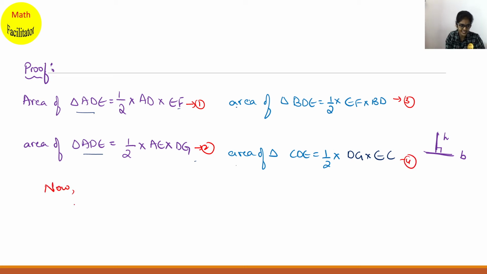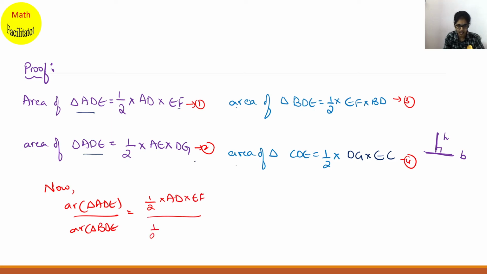Okay, so now let's take the ratio of area of triangle ADE upon area of triangle BDE. Area of triangle ADE is half AD into EF, and here it is half EF into BD. Okay, these two triangles we have taken. So EF cancels, half cancels. You have it as AD upon BD.